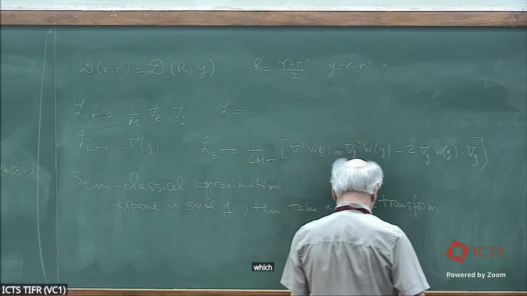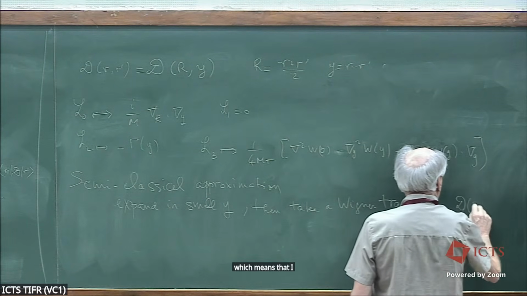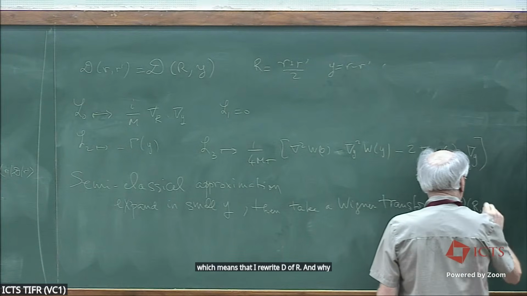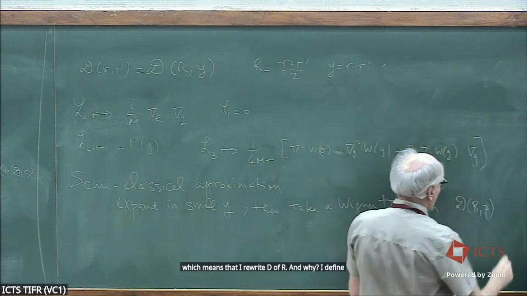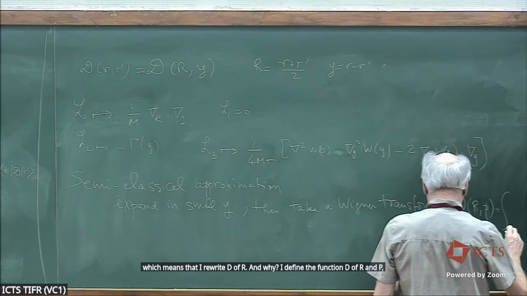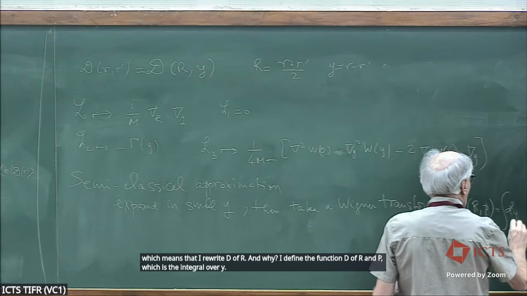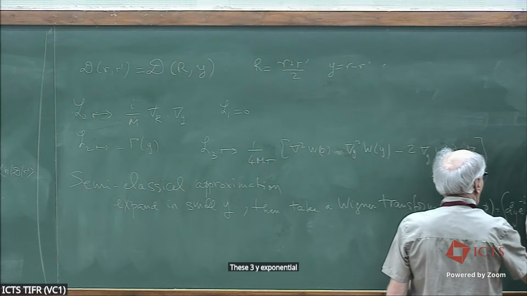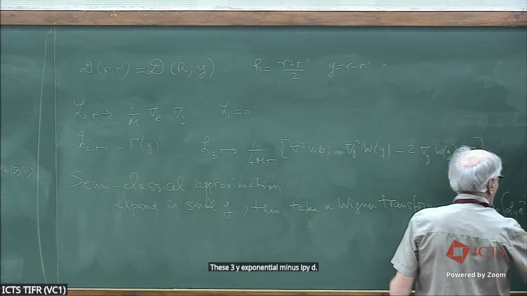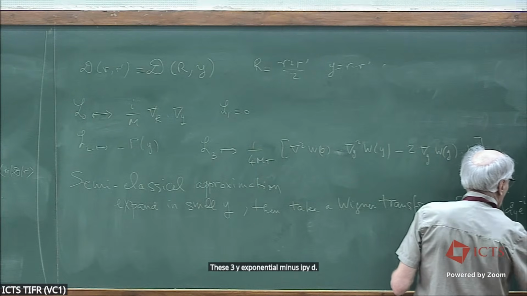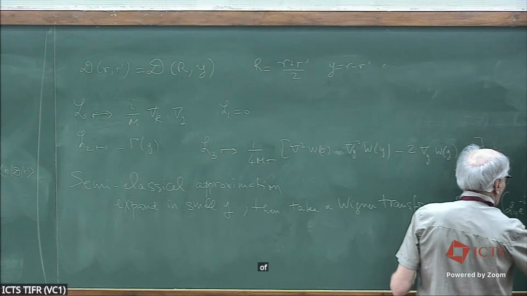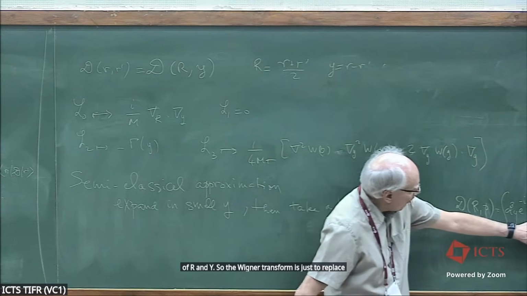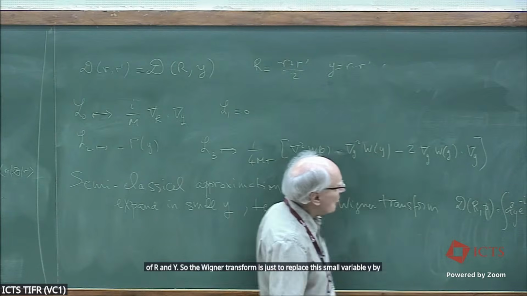Which means that I rewrite D of R and y. I define a function D of R and p, which is the integral over y, d3y, exponential of minus i p y, D of R and y. So the Wigner transform is just to replace this small variable y by the conjugate momentum p.